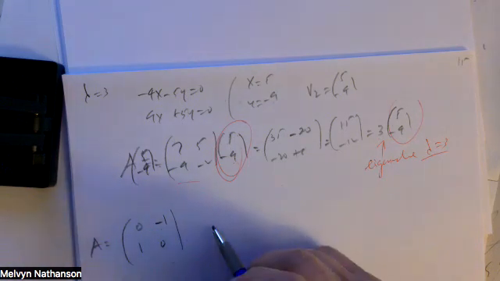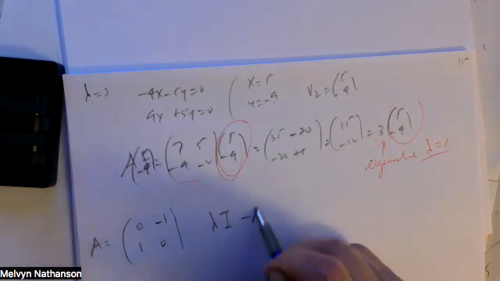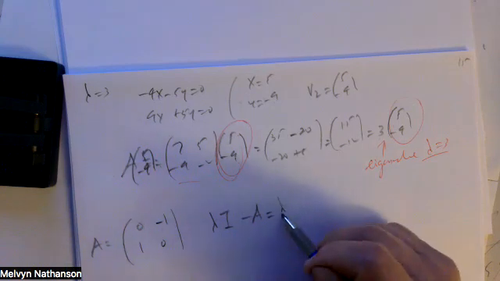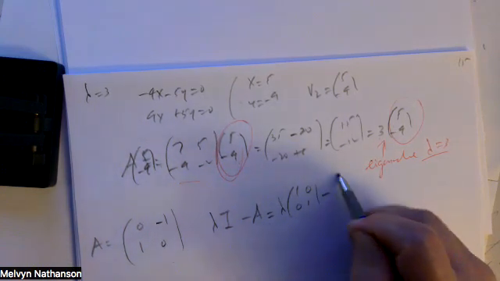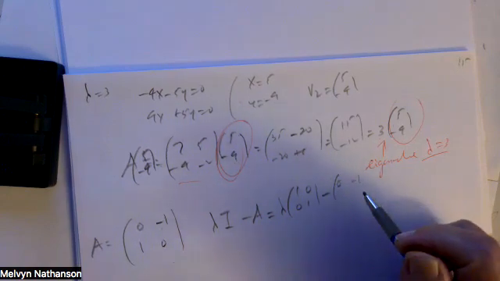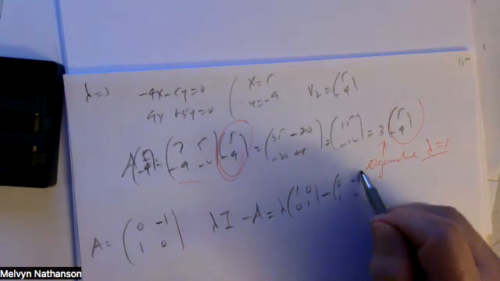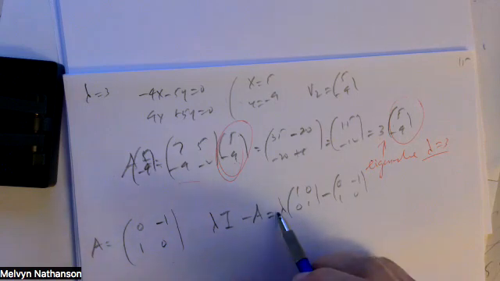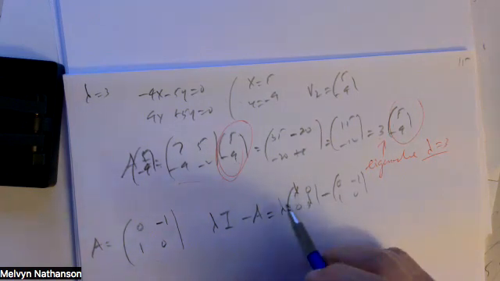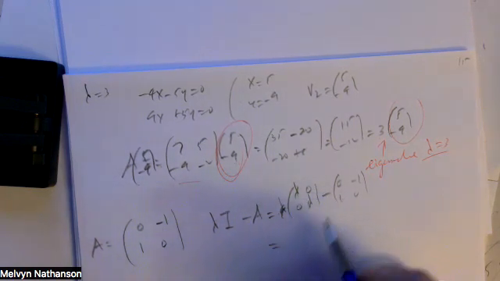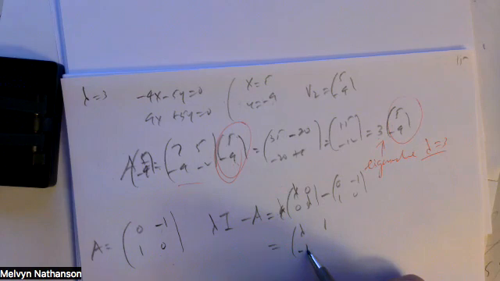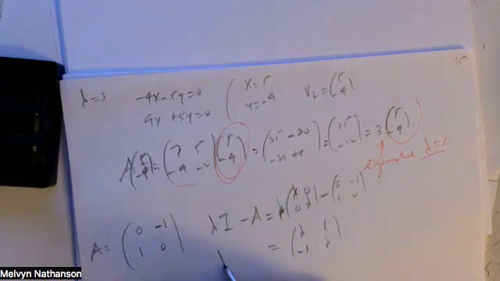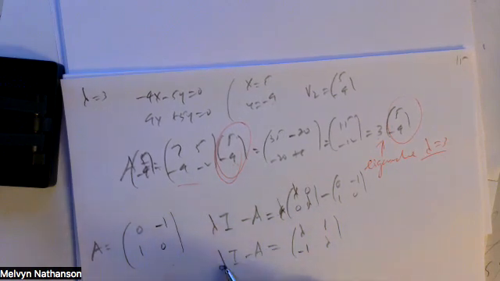I want to compute lambda I minus A. That's lambda times 1, 0, 0, 1, that's the identity, minus 0, minus 1, 1, 0. So lambda times this is lambda, lambda. And when I compute, I get lambda, 1, minus 1, lambda. That's lambda I minus A.